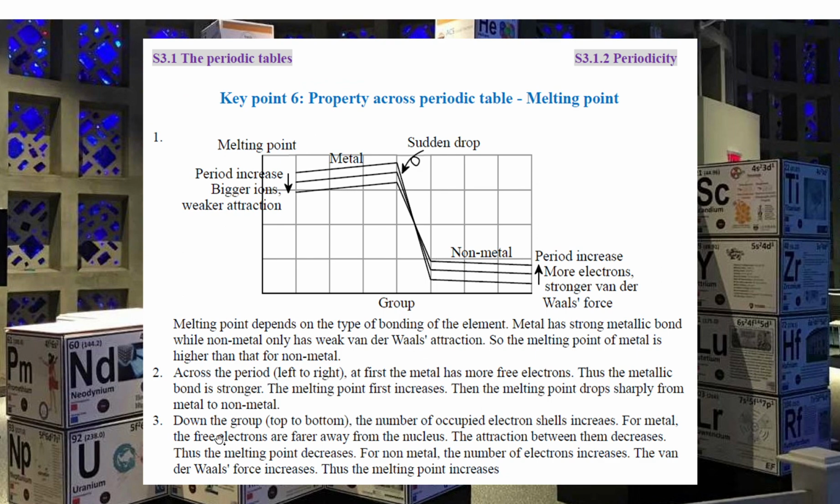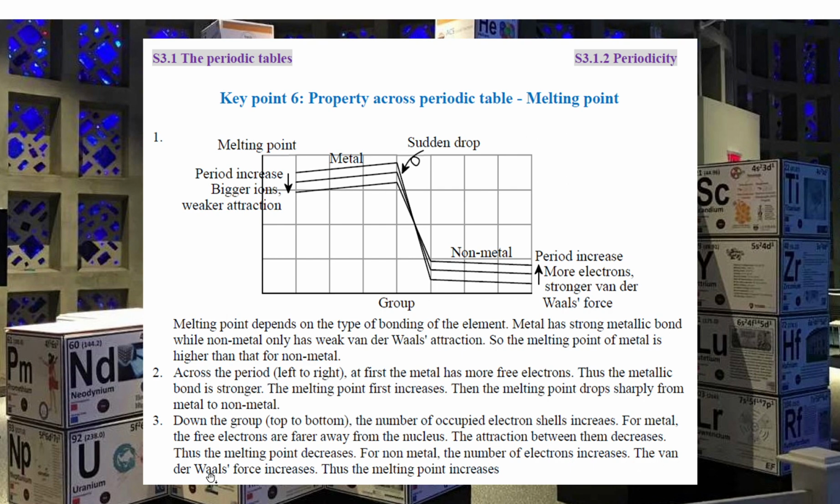And down the group is a different idea. Down the group, the number of occupied electron shells increases. So for metal, the free electrons are far away from the nucleus, the attraction force decreases, so the melting point decreases. But for non-metal, van der Waals force depends on the number of electrons. More electrons, more probability of random polarization, so they are more easily polarized.